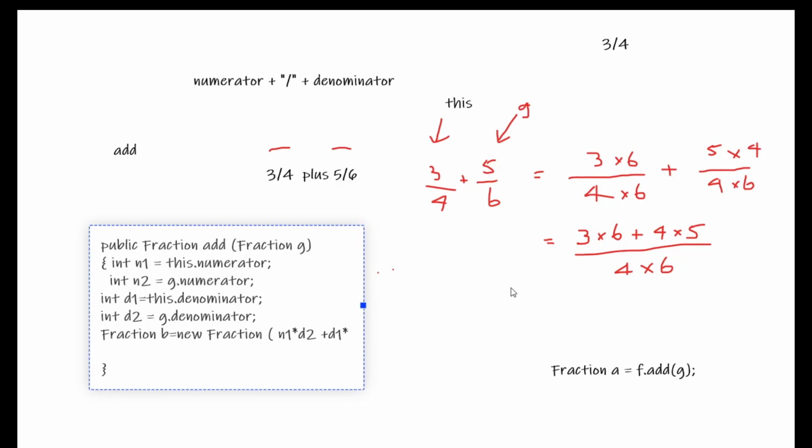And the 5 is g's numerator, which is n2. So that is the numerator of the fraction that I am creating. And the denominator is this denominator multiplied by g's denominator, so that would be d1 times d2. And there I've just created myself a new fraction, which I need to return.